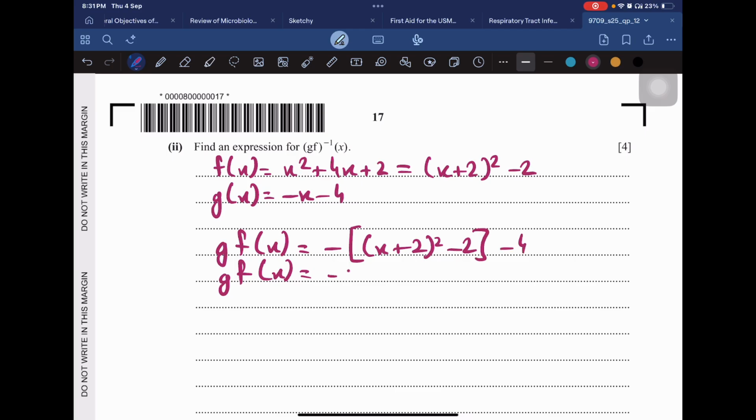So this becomes −((x+2)² − 2) − 4, so −(x+2)² + 2 − 4. So −(x+2)² − 2. Okay.